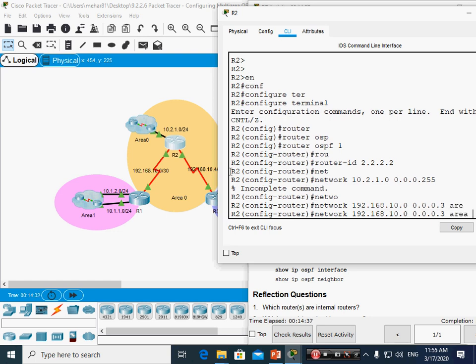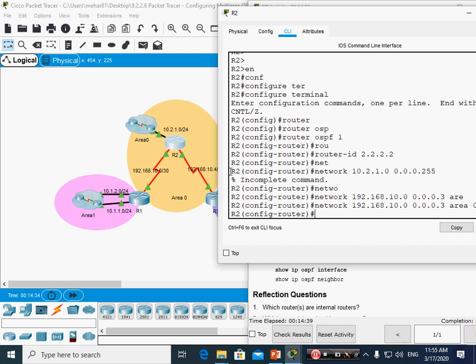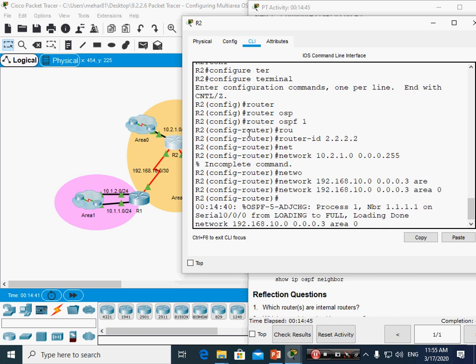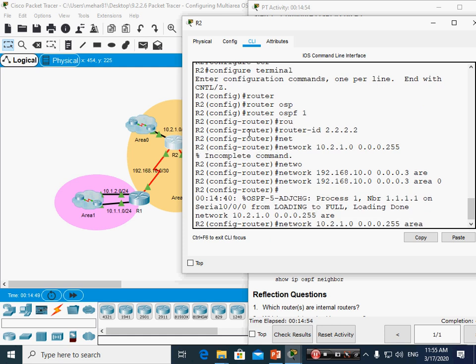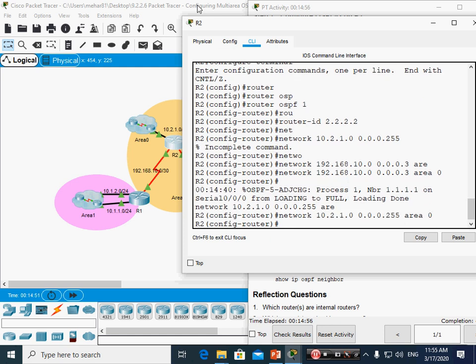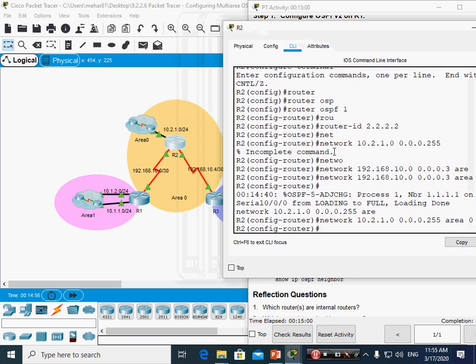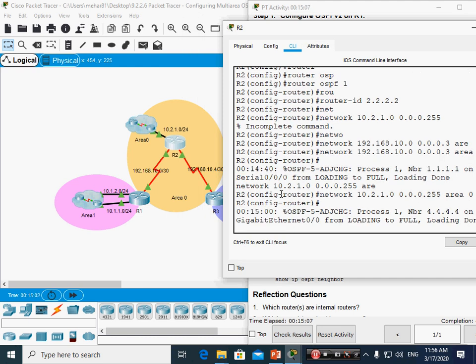See, in the last command I ran, it says incomplete because we did not mention the area. For network 10.2.1.0 I forgot to mention the area, which was 0. If you forget, it will give you the incomplete command error message, so you need to complete it again, and I completed it that way.